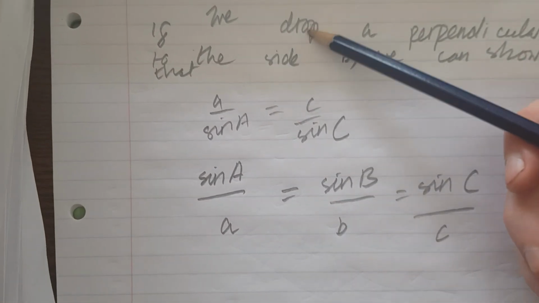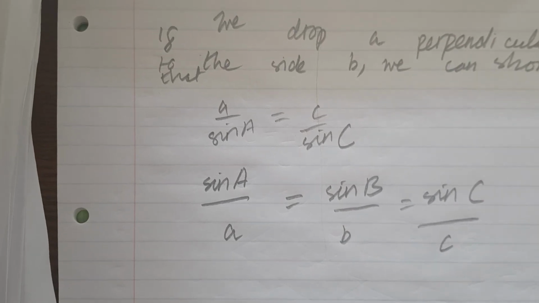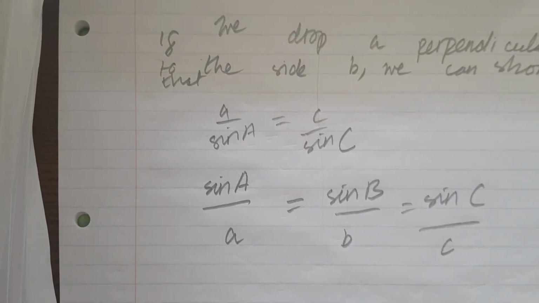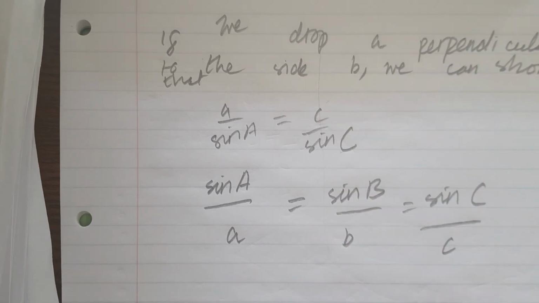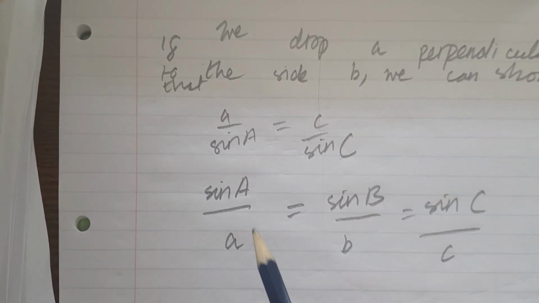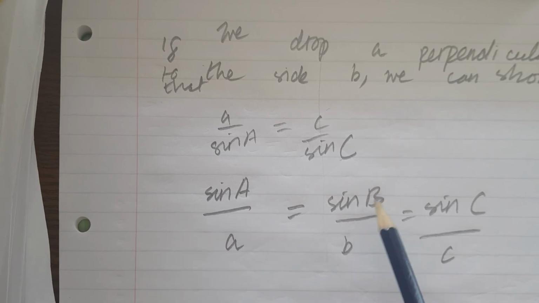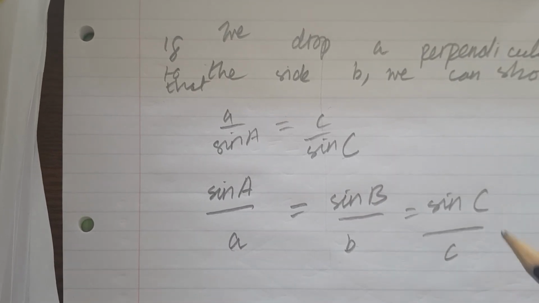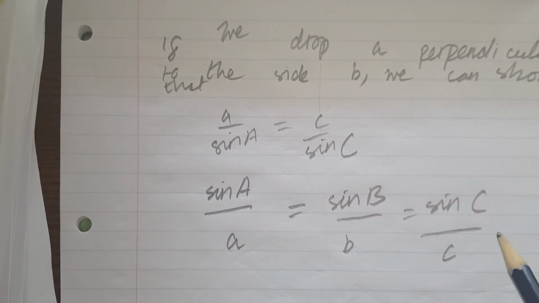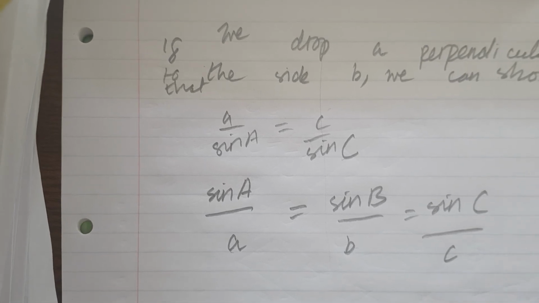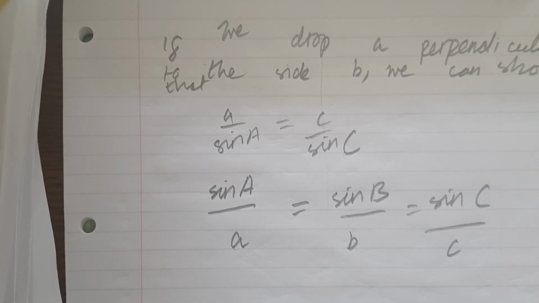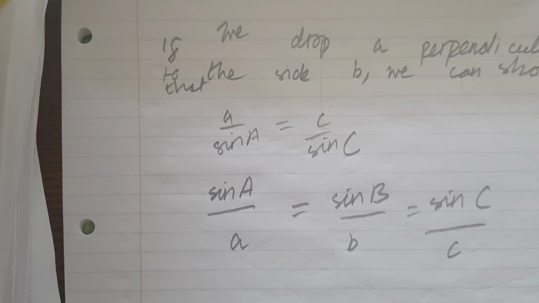And when we've shown it's true for obtuse and acute, then we have pretty much proven it, and then we just have to state that, because we have shown that it's true for angle A and angle B and side A and side B, similarly it is also true for angle C and side C. So that is our sine rule. So that is trigonometric formula 2.